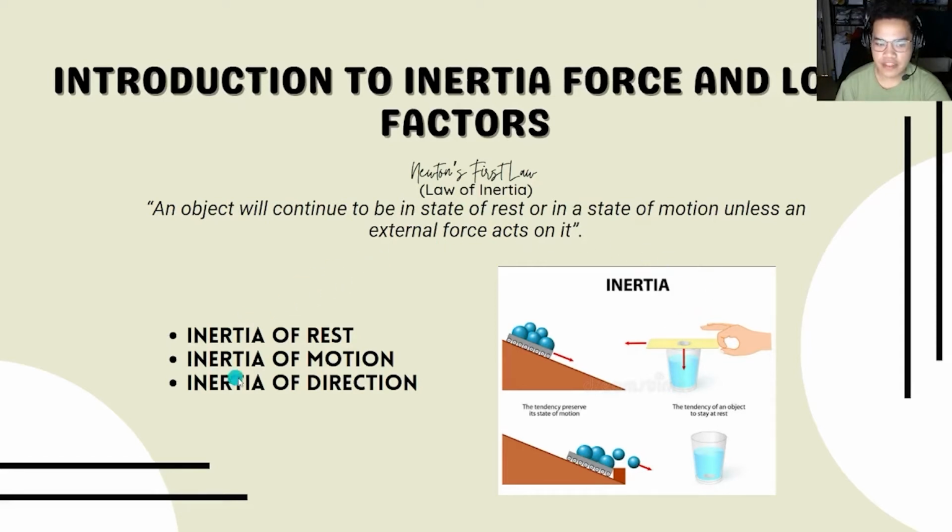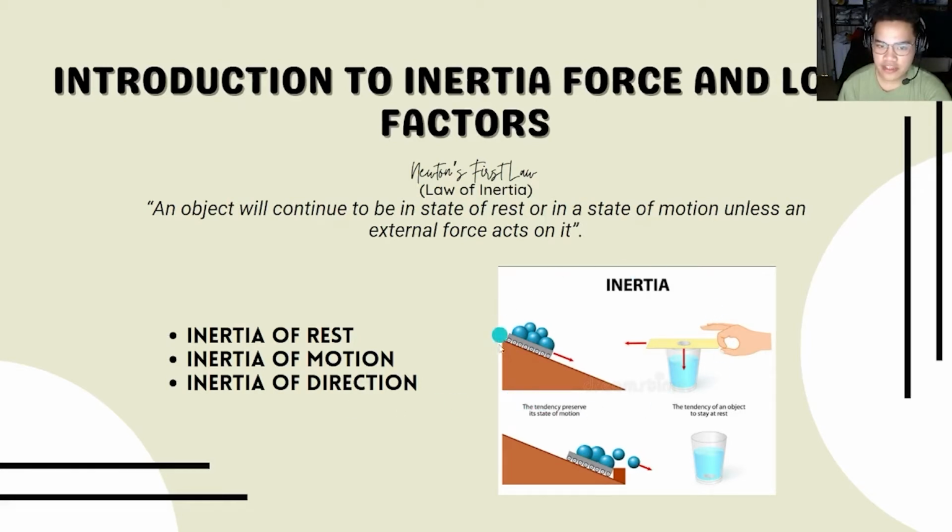And next we have inertia of motion. In inertia of motion, an object will continue at the same speed until a force acts on it. And lastly we have inertia of direction. In inertia of direction, an object will stay moving in the same direction unless a force acts on it.